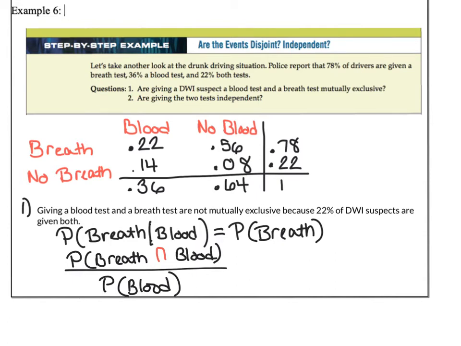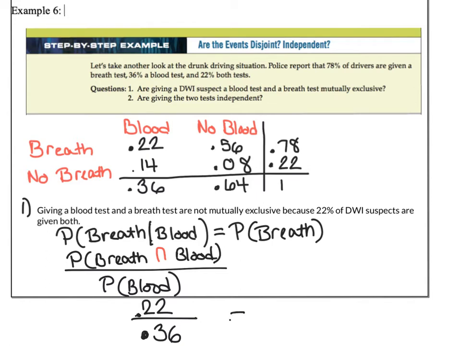So probability of breath and blood, that's a joint probability. That's right here. That's this one, 0.22. So I have 0.22 over the probability of just a blood test. So just a blood would be 0.36.